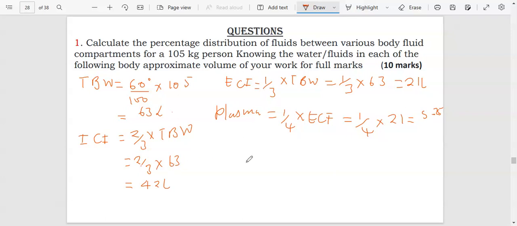Then we can also calculate the interstitial volume, and that is basically 3/4 of ECF. So this is 3 out of 4 multiplied by 21, and that gives us about 15.75 liters. So that is how we are able to work out this one.